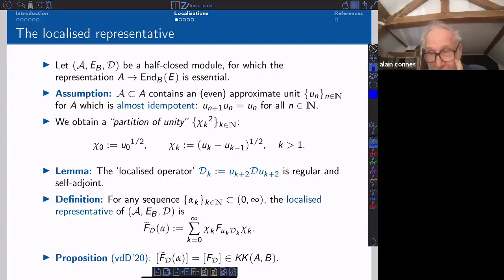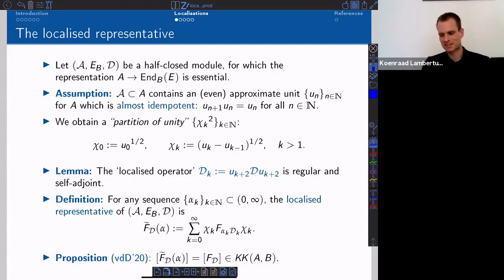Okay, so then what we can check is, first of all, that this localized representative gives us a bounded Kasparov module. And second, that the class it represents is the same as the usual class of the bounded transform of D. So it represents the same class in KK theory. Roughly the idea is, as I mentioned, that to define the same class in KK theory, it's enough to have a locally compact perturbation.